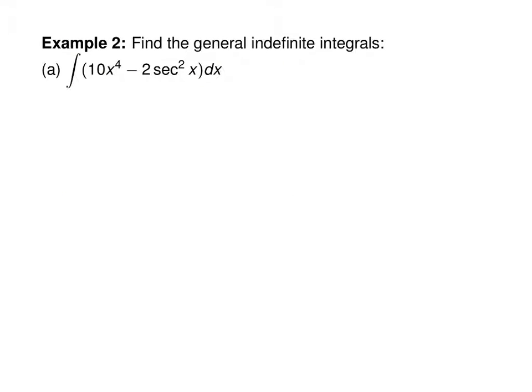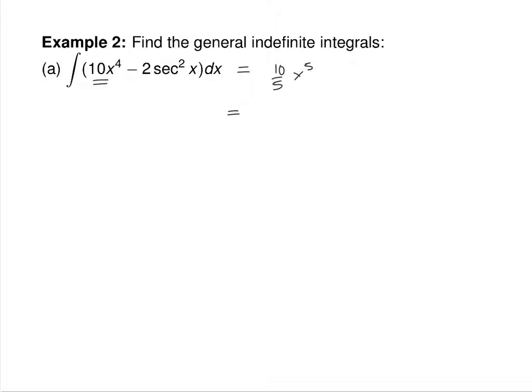Okay, so find an antiderivative of these things. In this case, there's no need to plug numbers in, but you do need plus c. So what's the antiderivative of 10x to the 4th? I would say 10 over 5, x to the 5, which is 2x to the 5th. And then how about the secant squared? 10x, and then plus c.